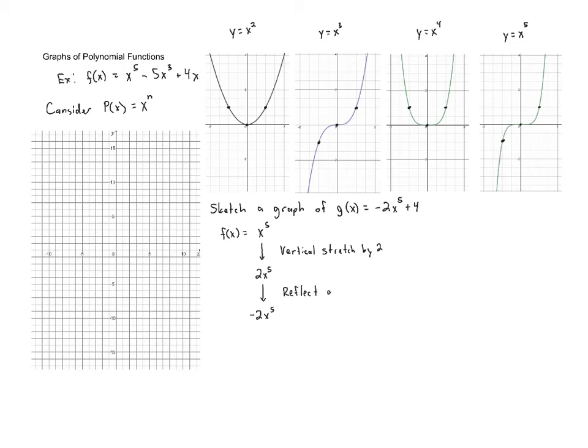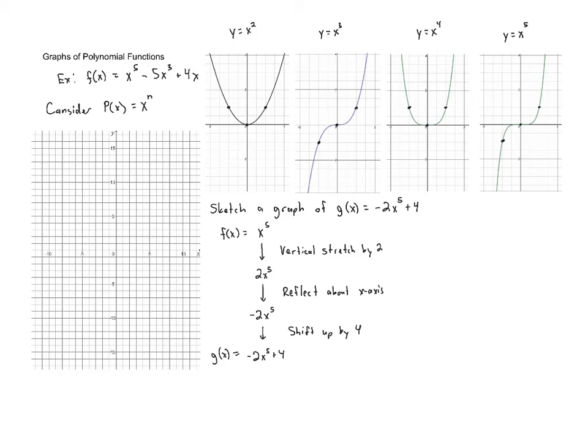We reflect about the x-axis. It's a vertical reflection. And then finally, we can replace our function with our function plus 4, which gives us a shift up by 4 units. And now we have our function g of x equals -2x to the 5th plus 4.